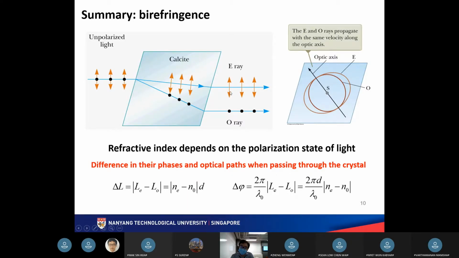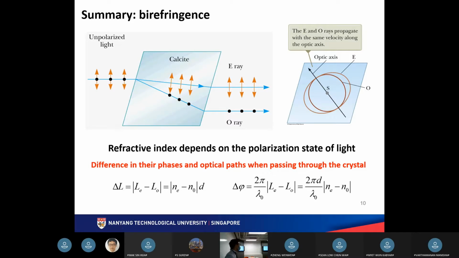Here, the P polarized light in the birefringence experiment is called the extraordinary ray, while S polarized light is called the ordinary ray. Once unpolarized light passes through the calcite crystal, the E and O rays will be separated. This is what we call birefringence.